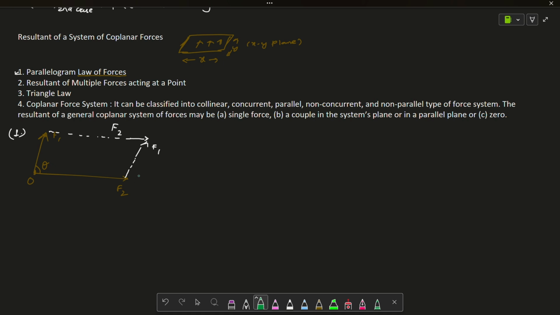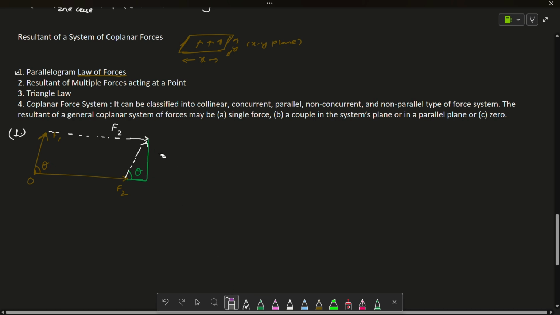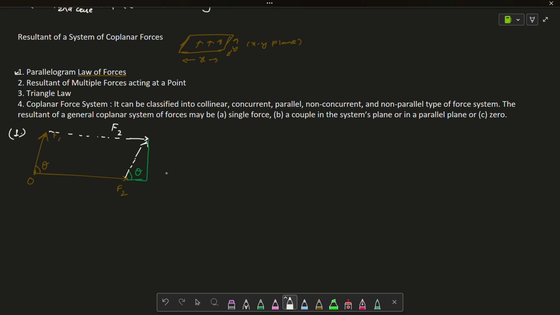That's why we call it F1 as well. Now if we extend this, this angle again comes as theta. I have to remove this F1 from here and add it here.